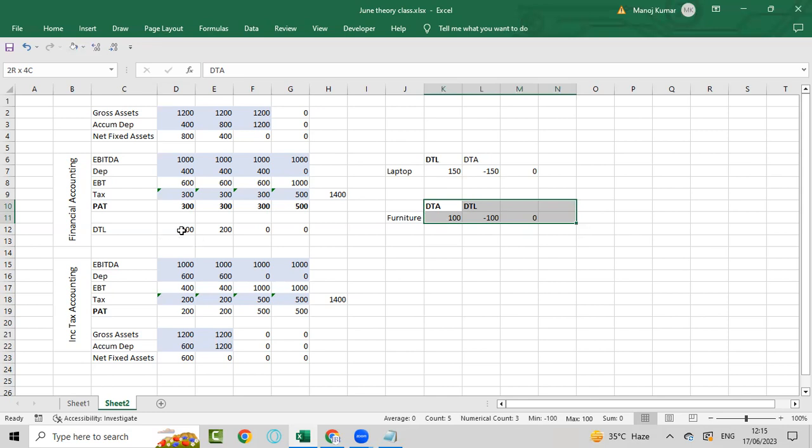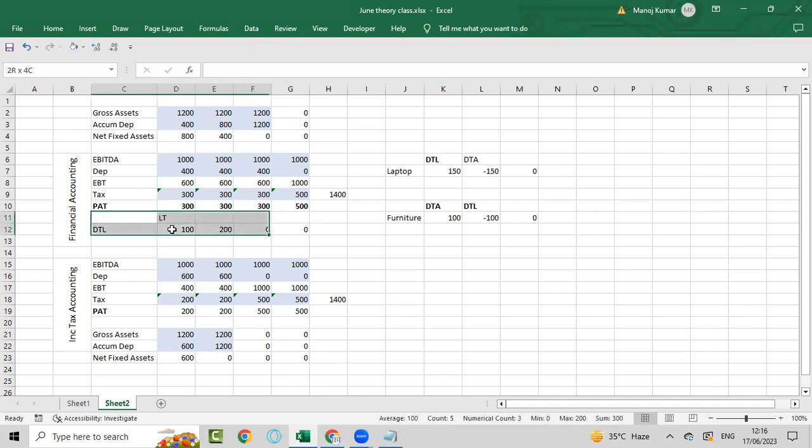Now, in first year, if I say this deferred tax is short term or long term, it is long term, madam, because it is offset in 2 years. So this is long term. In second year, this 200 is what? Short term, because it is offset in 1 year. But I'm talking about balance sheet. This will go in the balance sheet also. Obviously this part is balance sheet, because this is income statement.